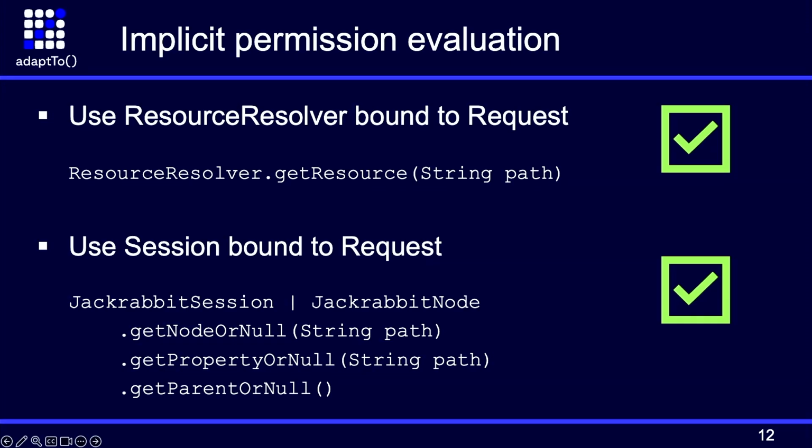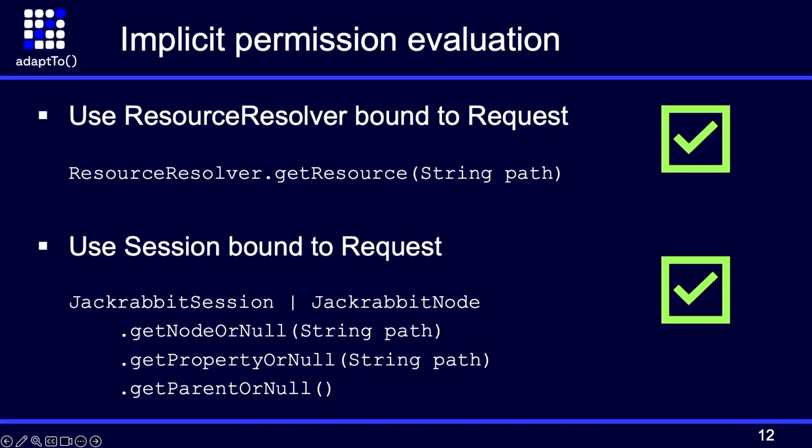So you have this resource resolver where you can get the path, and here you have all the benefits of getting the security evaluated on the resources. You ensure that you are using the resource that you have permissions to use. Also, you have the session bound to the request. Here, the same: you have to ensure that you have the permissions to access the resource that you need.